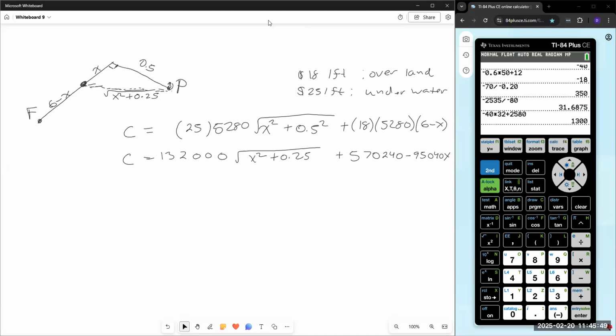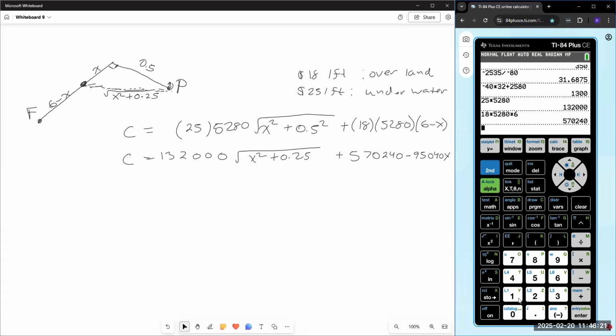I used my calculator and I have it written down on my paper, but 25 times 5280 is 132,000. And then 18 times 5280 times 6 is 570,240.